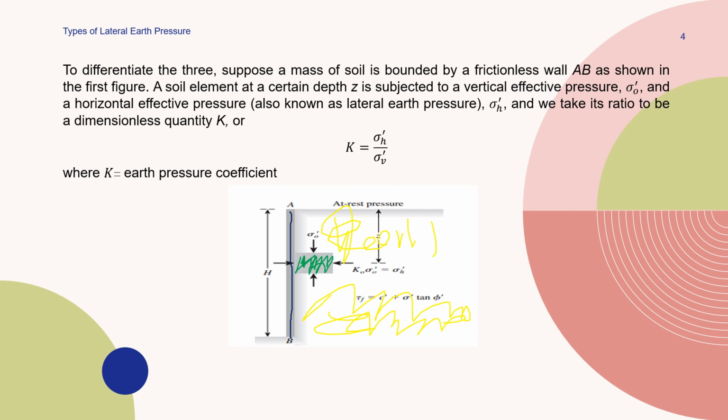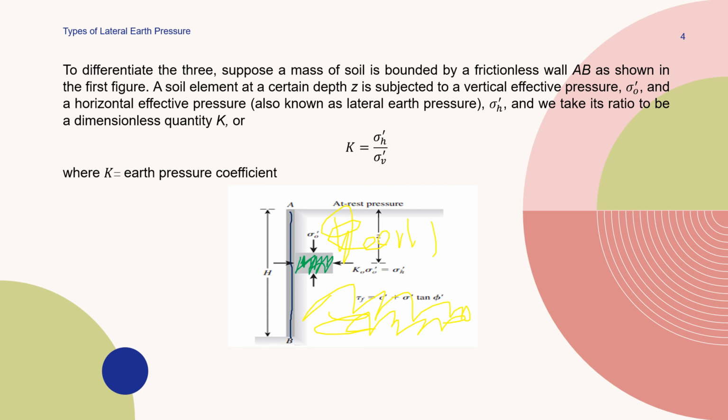That soil element at a depth of z is subjected to vertical and horizontal effective pressures, denoted by sigma prime o and sigma prime h respectively. Why is that? Because the soil element is at the bottom, due to the weight of the soil and anything acting beneath it, forces or external loads are imposed on it. In the concept of lateral earth pressure we have what is called K, or the earth pressure coefficient, which is the ratio of the horizontal effective pressure and the vertical effective pressure.